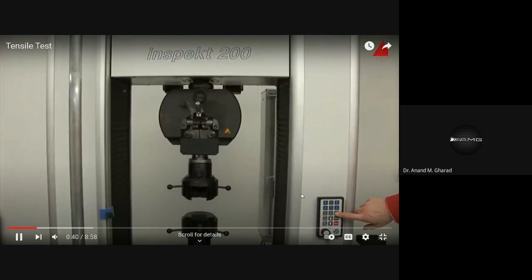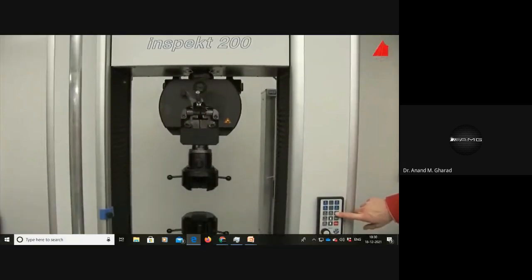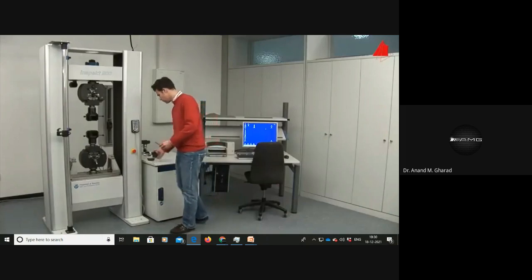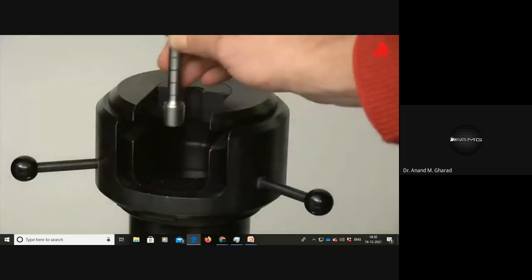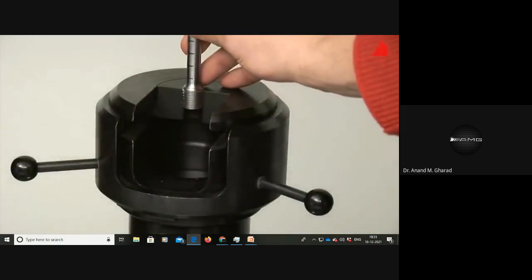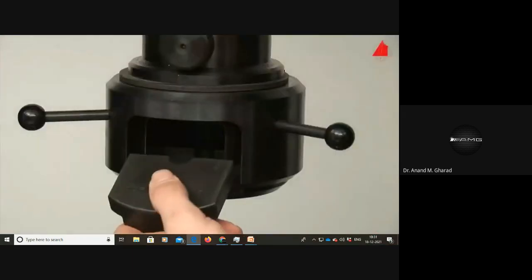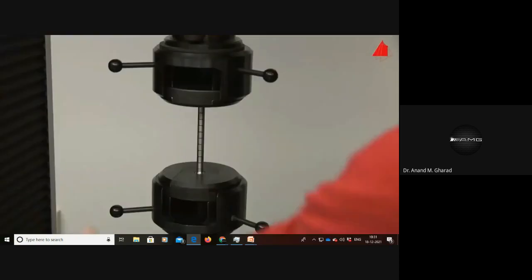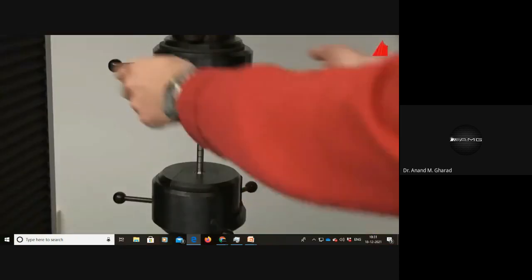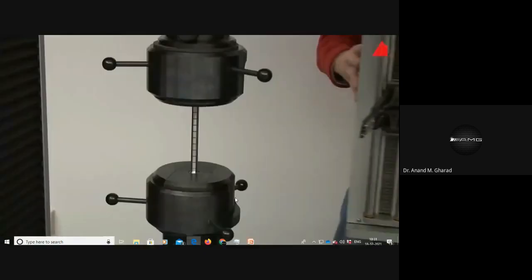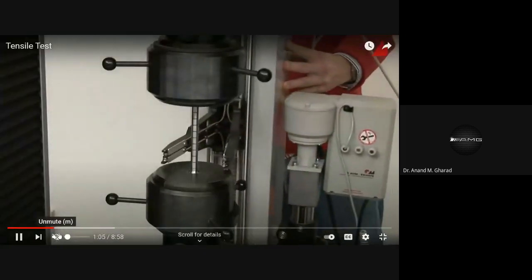This is the testing machine, and the stress versus strain variation will be represented on the screen itself.